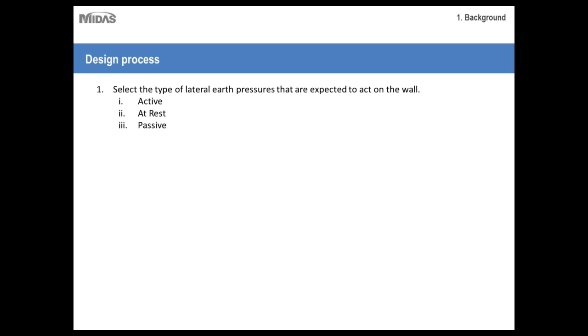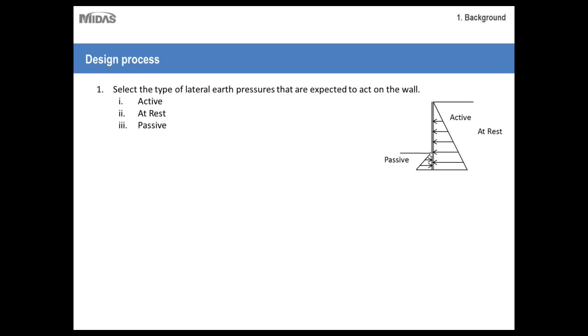So usually, as we know, there are three types of lateral earth pressures: earth pressure at active, at rest, and passive. So here you can see the directions where these earth pressures are acting.